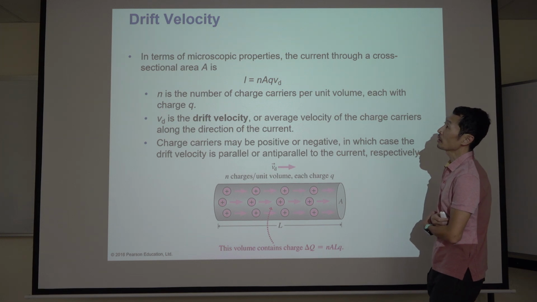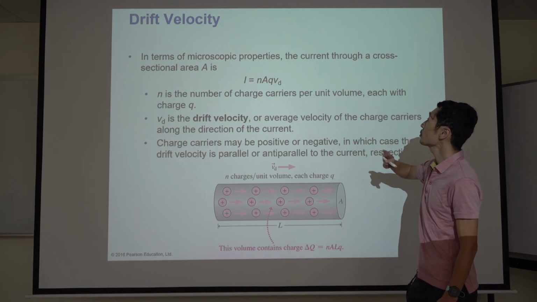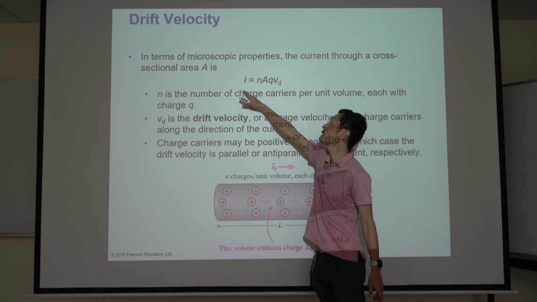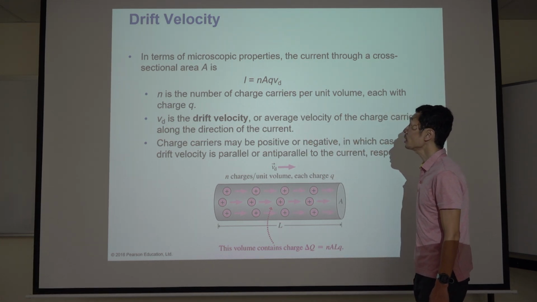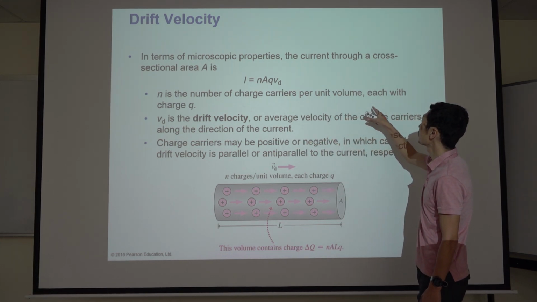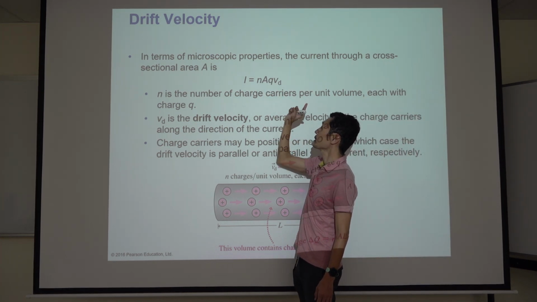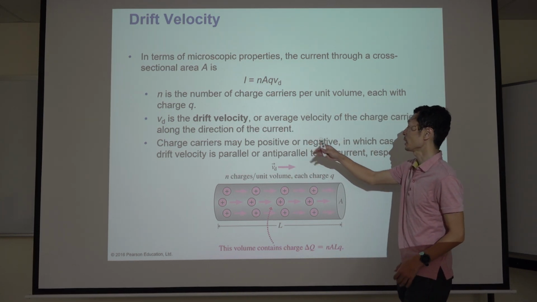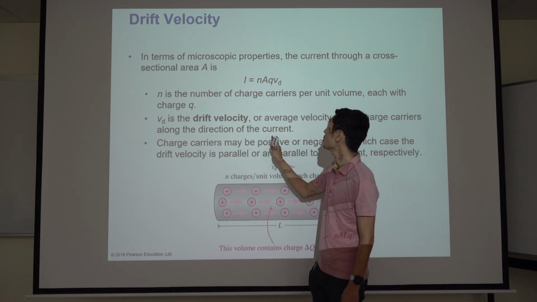Drift velocity. In terms of microscopic properties, the current through a cross-sectional area A is I = nAQv_d. n is the number of charge carriers per unit volume, each with charge Q. So n times charge Q through area A, and v_d is the drift velocity, or average velocity of the charge carriers along the direction of the current.